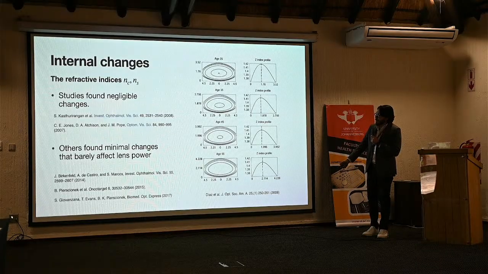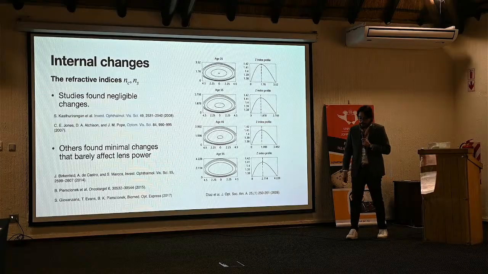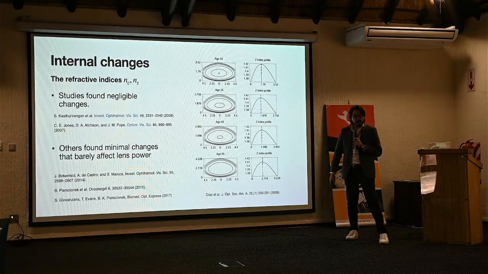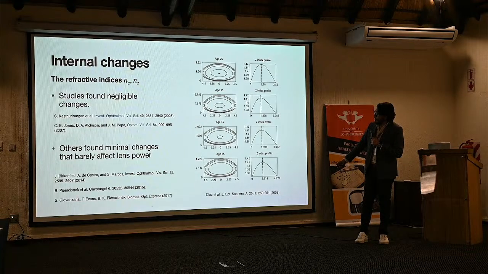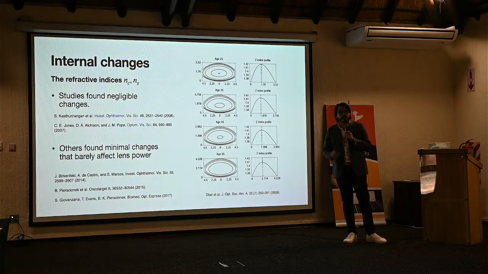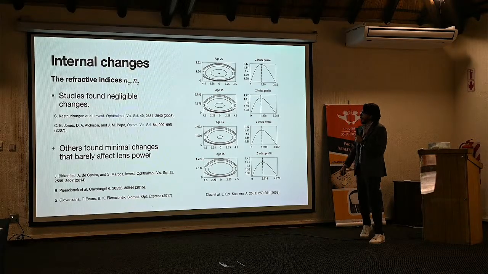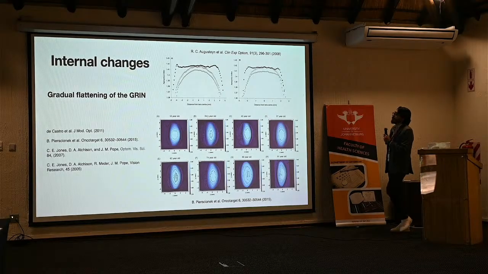But there is recent work in which they study the lens paradox, paying attention to the change in curvatures and also assuming a very slow decrease in the central refractive index.